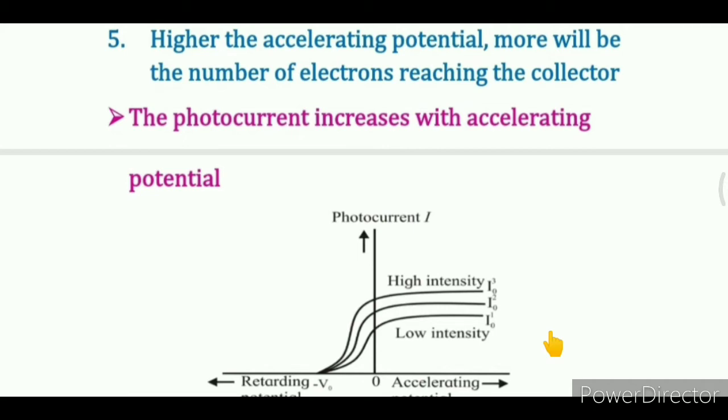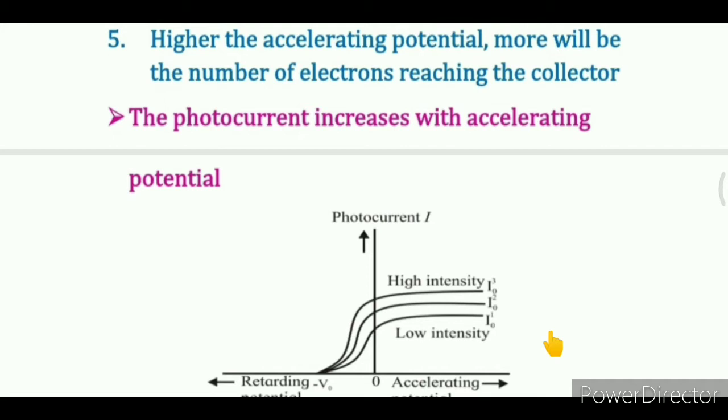So the electrons emitted from the surface will be collected by the collector plate if the collector is at a higher potential than the emitter, because in this condition the electric field will accelerate the electrons towards the collector.